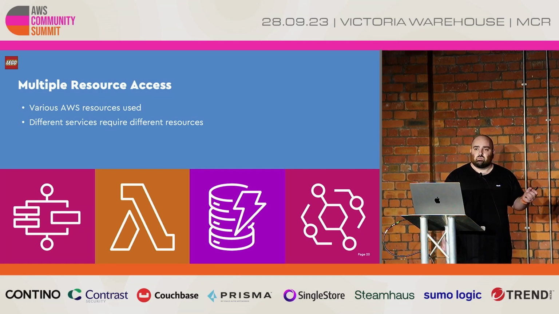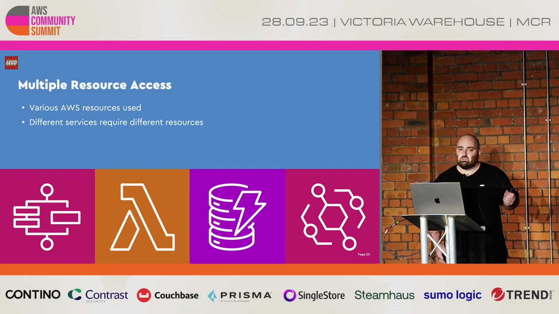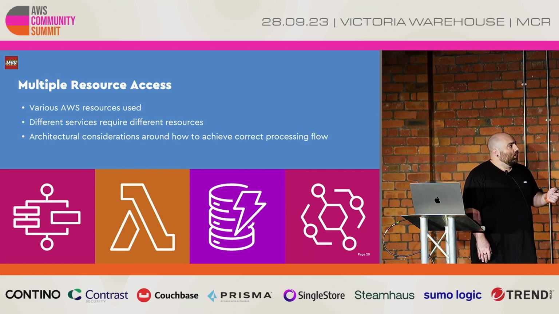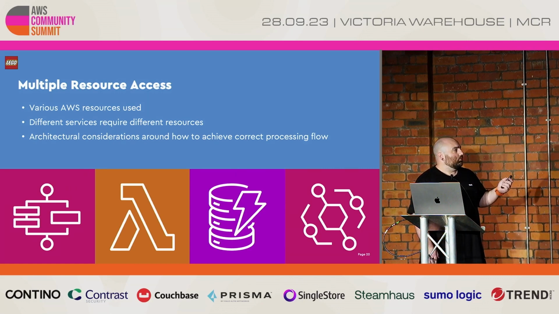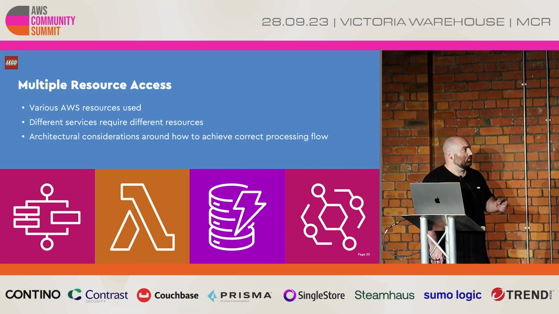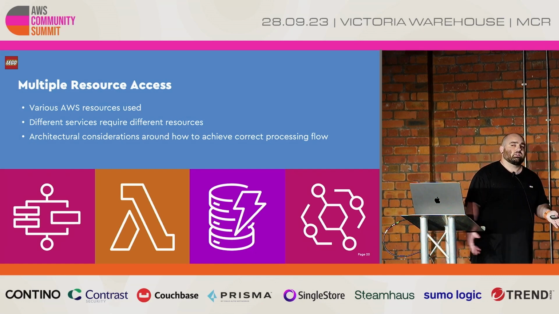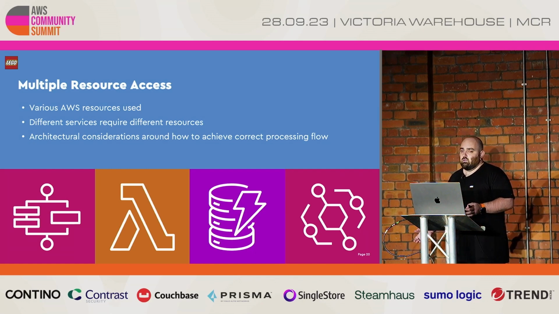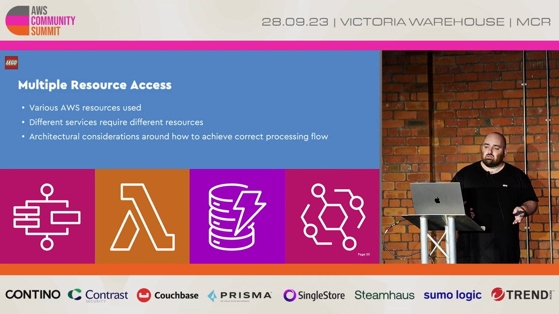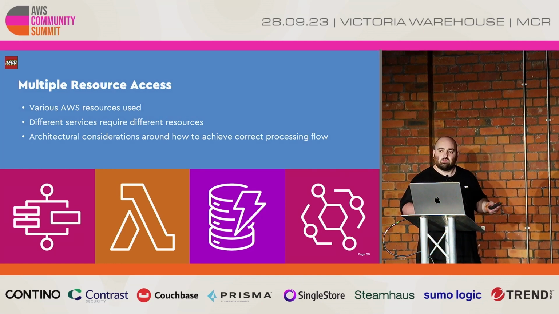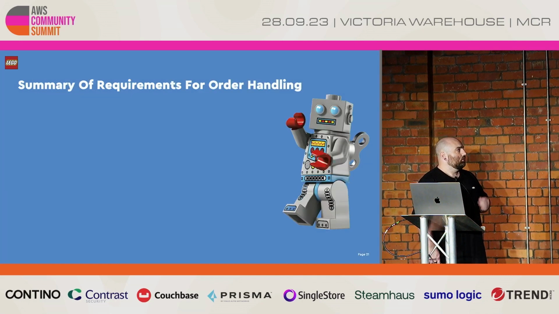It's always best to pick the resource that's going to work best for the service that you're building and the problem that you're trying to solve. And it's also worth thinking about the architectural considerations around how to achieve the correct processing flow, for example. So would these fit in architecturally with what we need to achieve and how we need to achieve it?